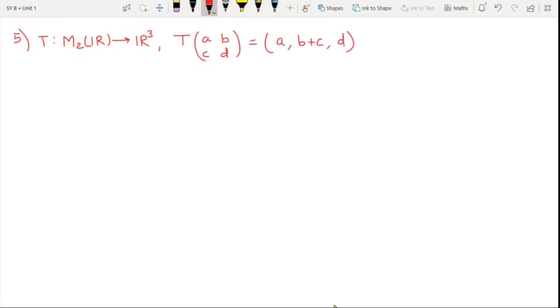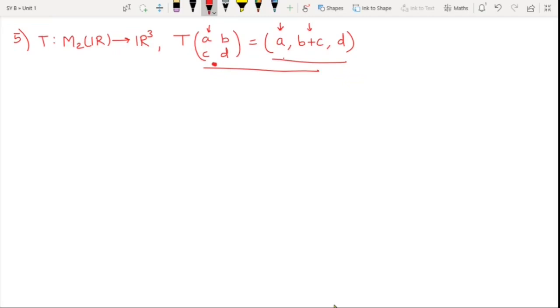Now note one thing here, how this T is defined. See, this is the element of R3 on this side, and this is the element of M2 of R. So what is the first coordinate here? The first coordinate over here is nothing but this A11 entry of the matrix. What is the second coordinate here?